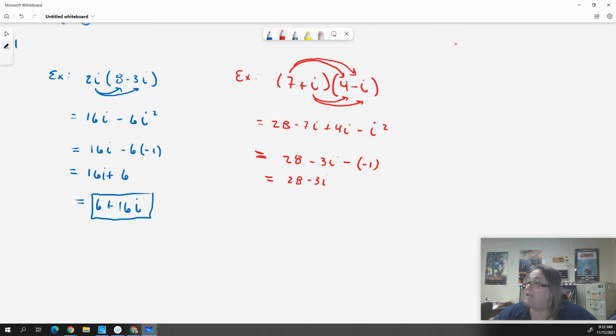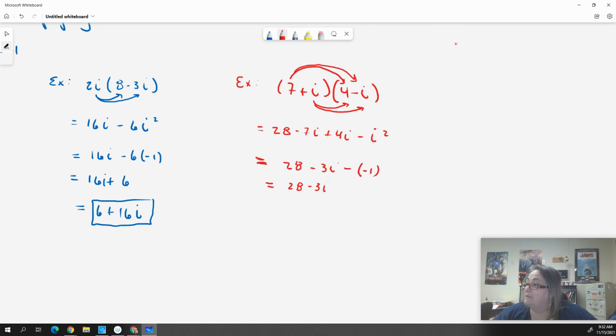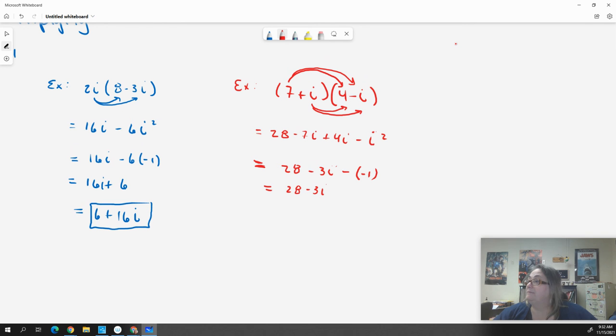Right, it just changes the sign. So this becomes plus 1. And so now when I combine my like terms, I wind up with 29 minus 3i. Real number first, imaginary part second.